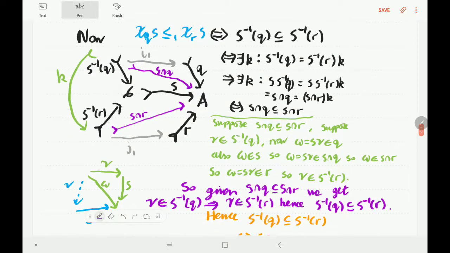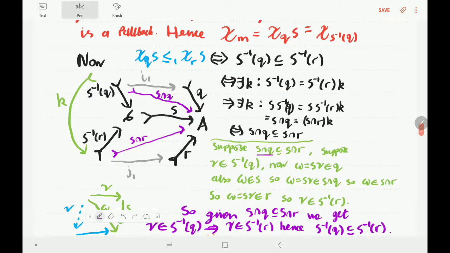So we've shown that the blue statement here implies this bottom black statement. Now conversely, suppose this bottom black statement, s intersection q is in s intersection r. Now, given v in s to the minus 1 of q, by the way that inverse images work with generalized elements, or members, we have that w, which we'll define as sv, has got to be in q.